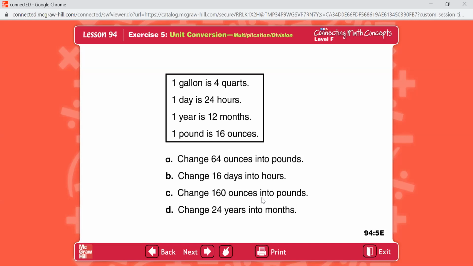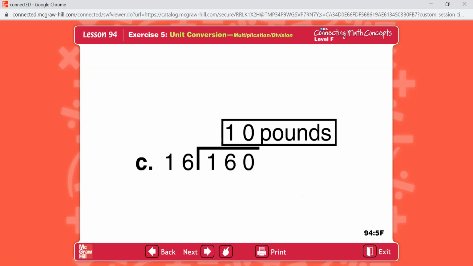The equation for problem C that you should have worked is 160 divided by 16, because we're turning ounces into pounds. We're going backwards from ounces to pounds. So 160 divided by 16. And what does 160 divided by 16 equal? 160 divided by 16 equals 10 pounds. There's your answer for problem C.